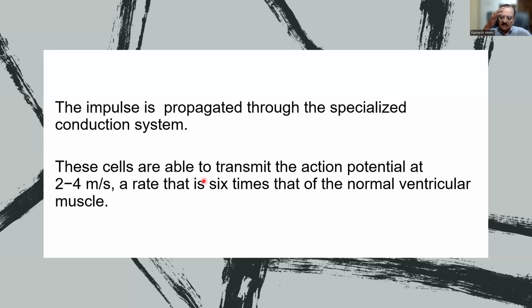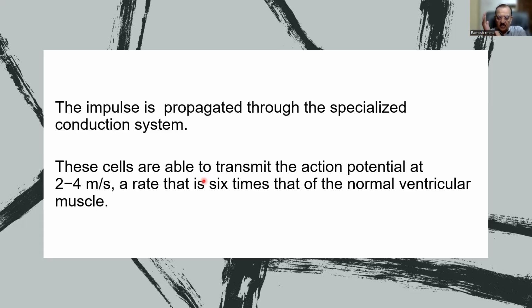If the impulse is traveling exactly in that path, then the QRS will be narrow, because the impulse is conducted at a very rapid rate in this specialized conduction system, like a copper electrical wire. Copper wire will conduct electricity very fast, whereas wood will conduct it very slowly. Like that, it is like the copper wire of the heart. So if the impulse is going exactly in the prescribed specialized conduction system, your QRS will be narrow.